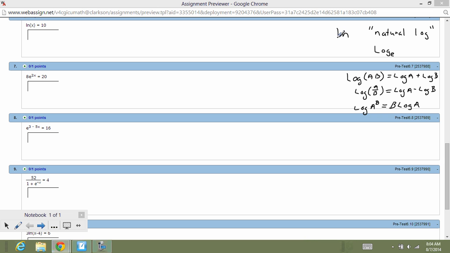The ln refers to natural log. And all it is is a syntax issue, right? The syntax is referring to log base e. And e, of course, is Euler's constant. It's transcendental, a number like pi.